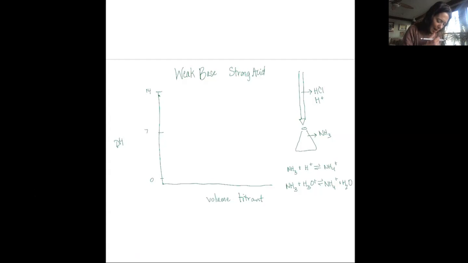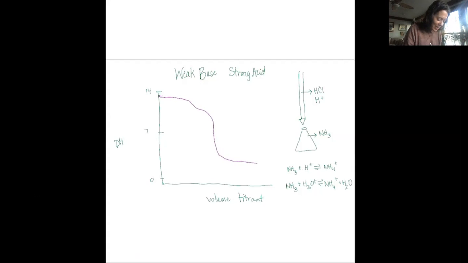And we'll see that at the addition of titrant, our pH will begin to decrease, right? I'm not very good at drawing a backwards curve. I'll just be honest with you. It'll slowly decrease. I can't even draw this curve.